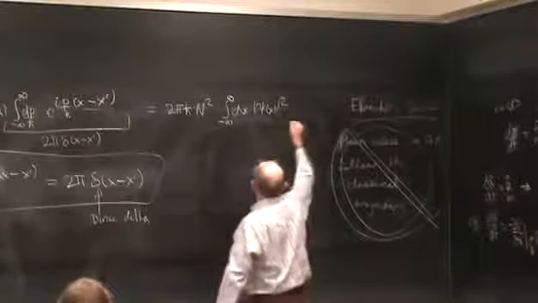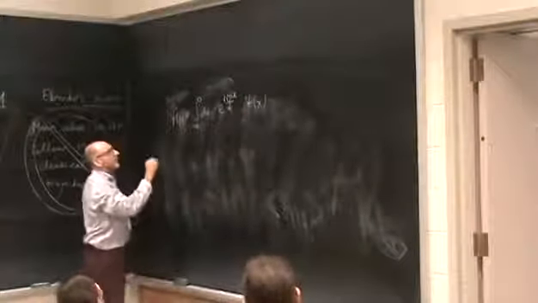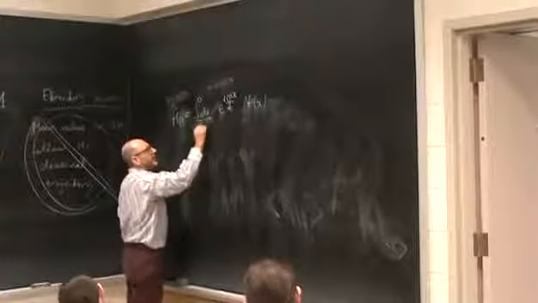Just a change of basis. So the Fourier transform says the momentum space wave function is the integral over all positions of e to the plus i p x over h bar, dx, psi of x, with a square root of 2 pi h bar. And the position space wave function is the inverse Fourier transform.